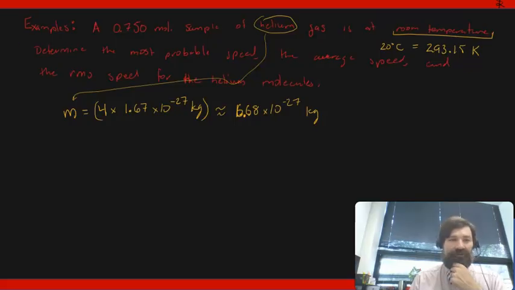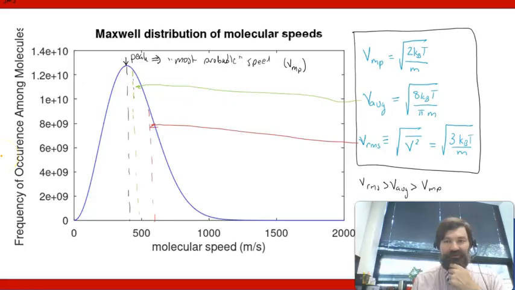Also worth recalling, going back up to the equations that we've written, is the value of the Boltzmann constant. So k_B is Boltzmann's constant, and that is about 1.38 times 10 to the negative 23 joules per Kelvin.